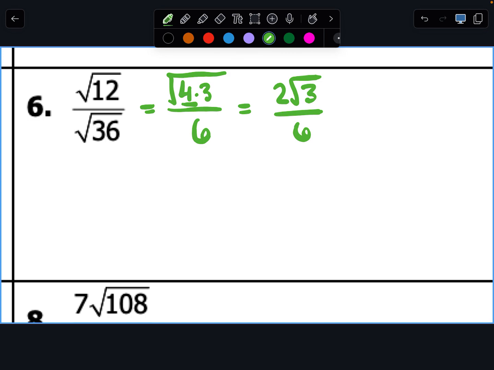Okay, I only have one radical, so I can't simplify that any further, but can I simplify my coefficients? Yeah. 2 over 6, divide the top and bottom by 2. It's 1/3. Oh, wait. The 1 disappears. You don't need a 1 in front of your root 3. It's just root 3 over 3.